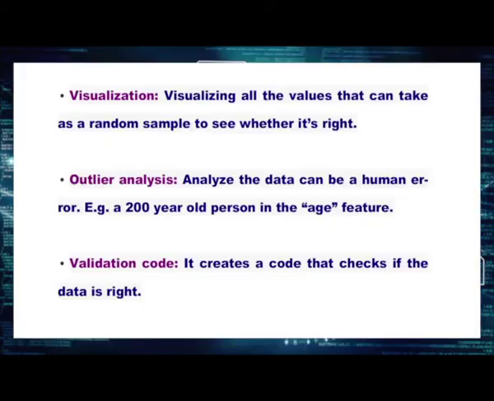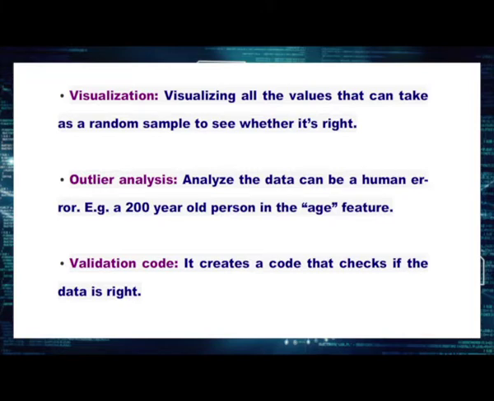Yes, here we can have an interesting question. How can I detect and fix these issues? There is a great deal of methods that can be used to find these issues. For example, visualization. Visualizing all the values, taking a random sample to see whether it is right. Outlier analysis. Analyze the data for what can be a human error.